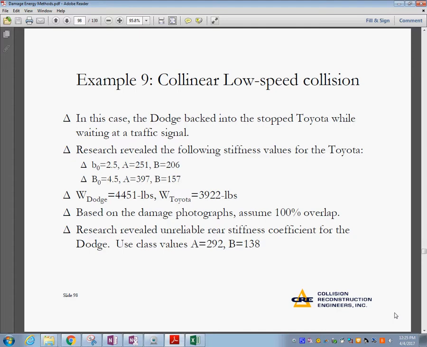So it was in reverse. Okay, Dodge backed into the stopped Toyota while waiting at a traffic light. And actually this can happen because if the front driver went over the line, he realizes the mistake, there's a camera in there, he backs up quickly and hits the car behind. Dodge 4,400 pounds, Toyota 3,900.